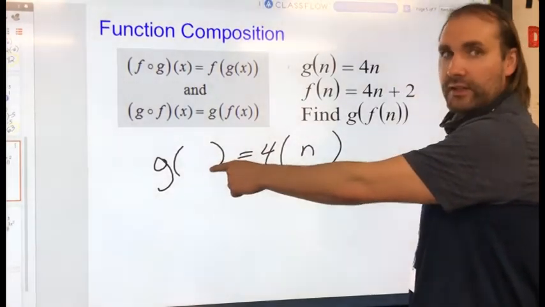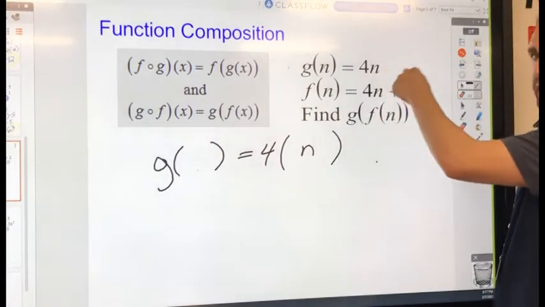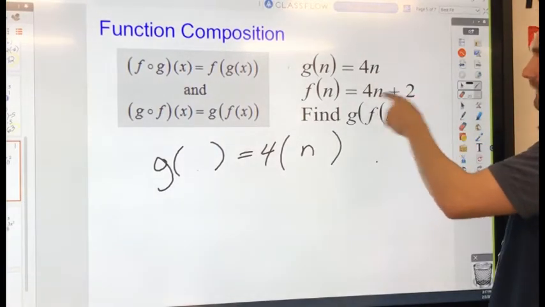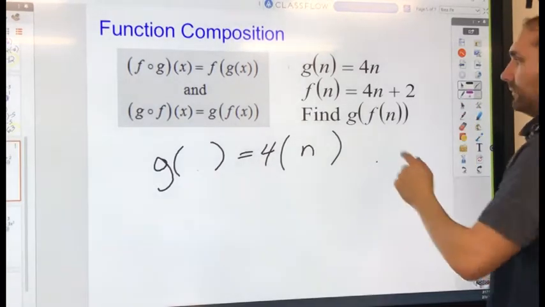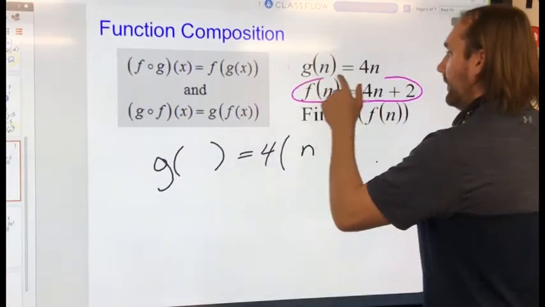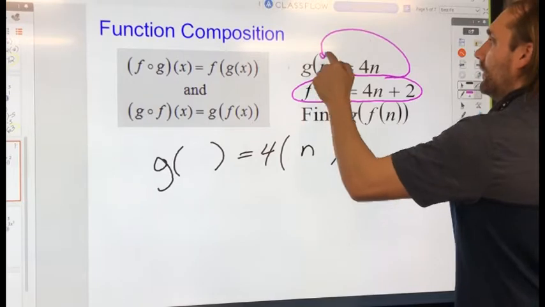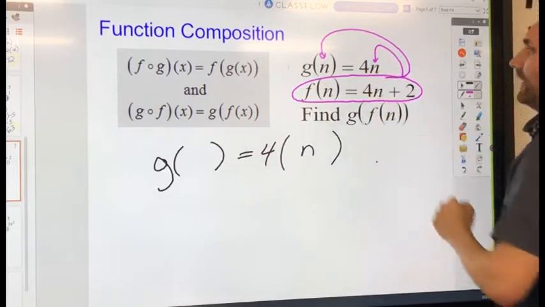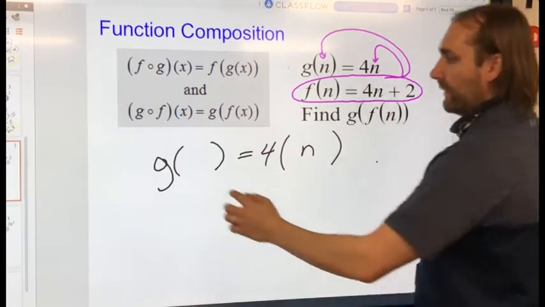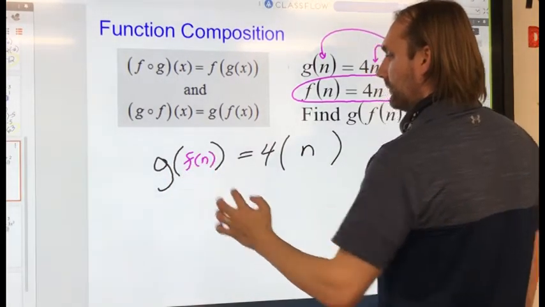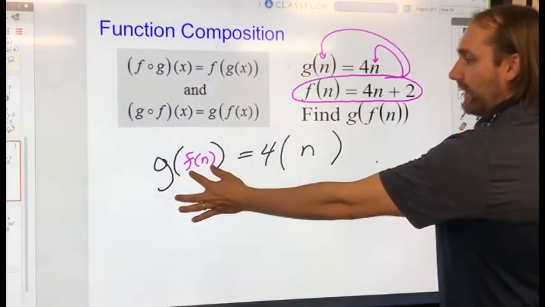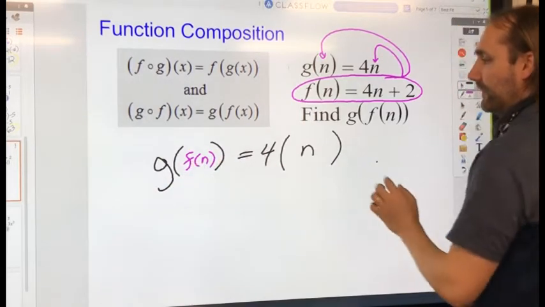I could put anything in here for a number. A function is also a number, correct? Like f of n. So I can put that inside of my new function. So this is going to go right in there and right in there. So g of f of n, I'm replacing all my variables of g with my function.